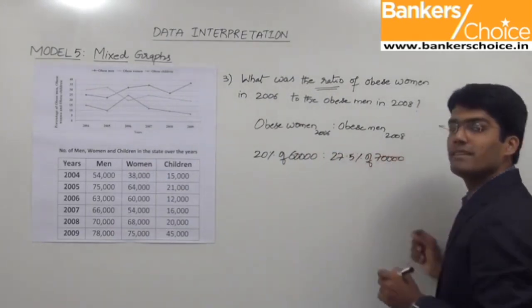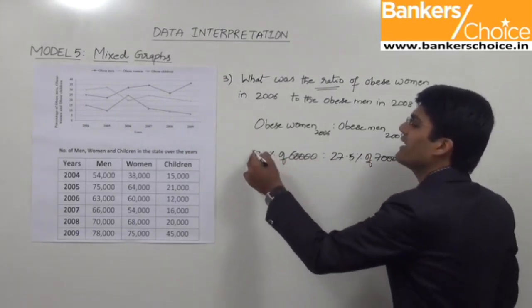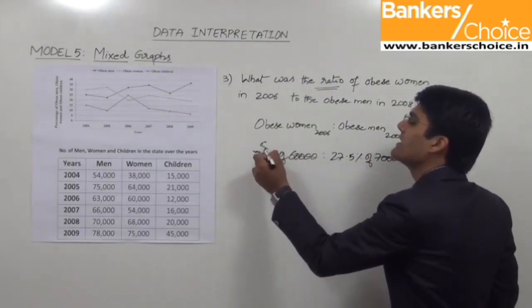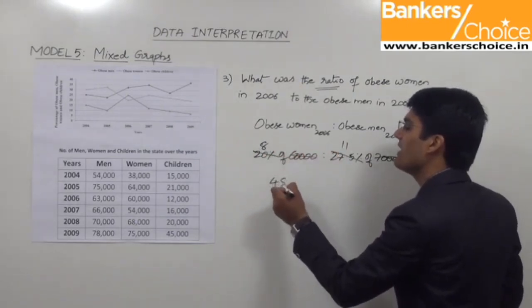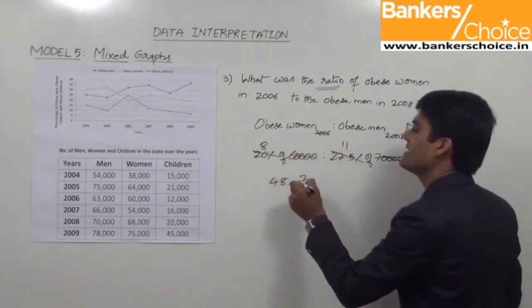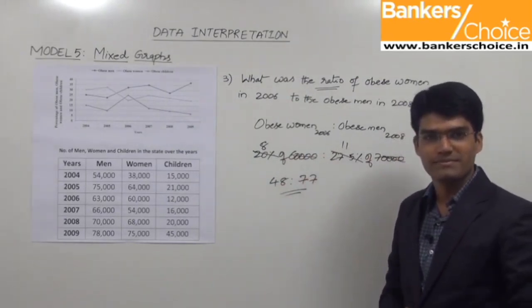Now by simplifying this, we get the required answer. So zeros anyway get cancelled here. This can be taken as 2.5 into 8, and this is 2.5 into 11. So 8 into 6 is 48, and 11 into 7 is 77. So the answer here is 48:77.